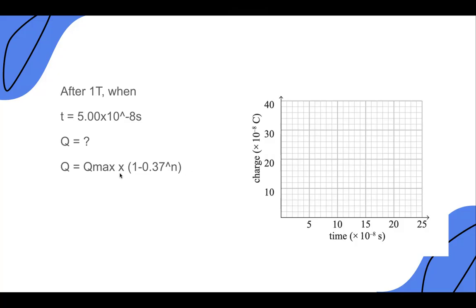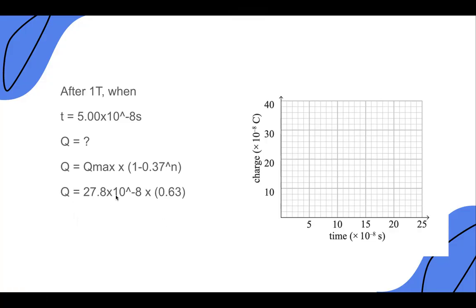So this is kind of a formula: Q equals Q maximum times 1 take away 0.37 to the power of n. N stands for how many time constants it's been. So 1 take away 0.37 is 0.63, which is 63%, which is how much of Qmax the capacitor is charged by after one time constant.